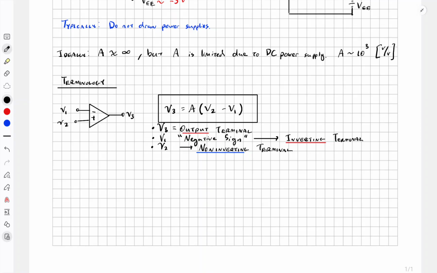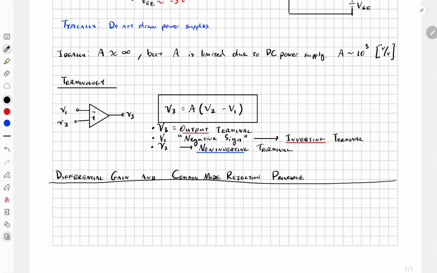These two things that we want to learn about: one is called differential gain, and the other one is called the common mode rejection principle. We'll learn about these two things. To demonstrate this, I'll just give an example. It will make it much more clear.